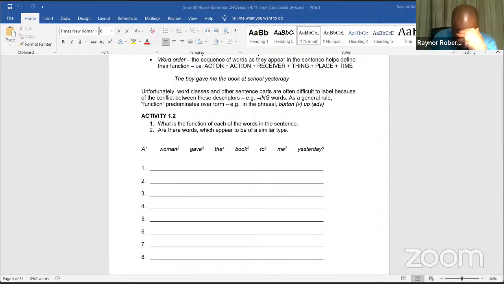And then book, which is the object, or the thing that the woman gave. Now we need to know where it's going, or to whom it was given. So we have the two there, which is like an arrow to me, the person who was speaking here. And yesterday is the time.